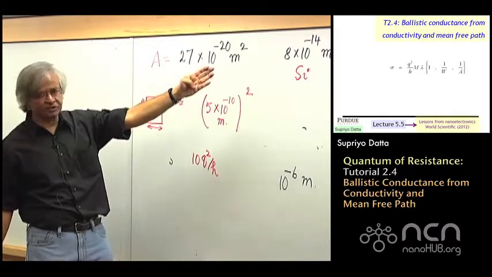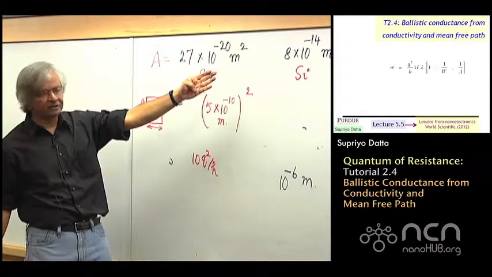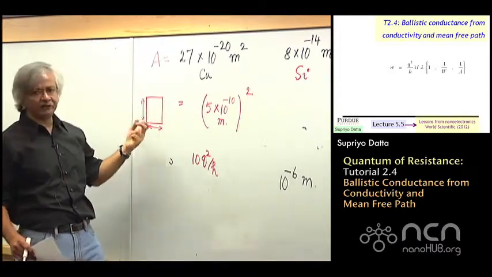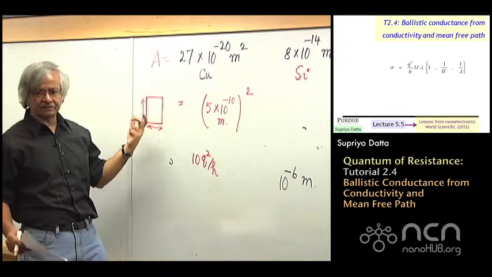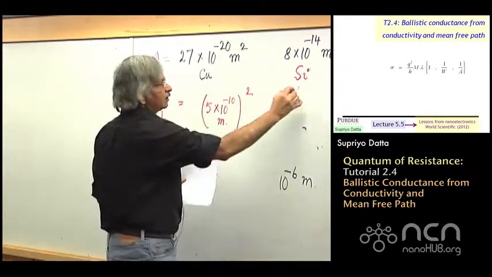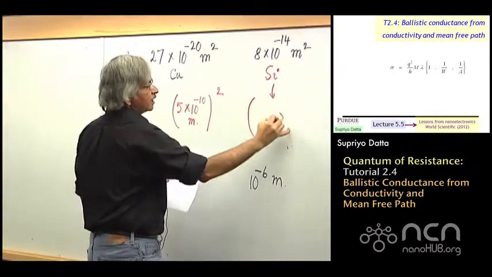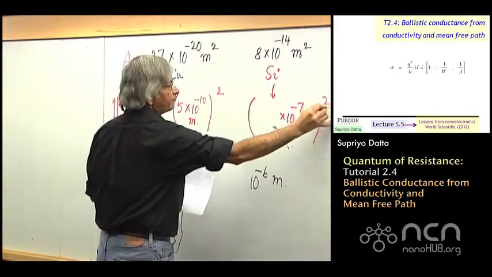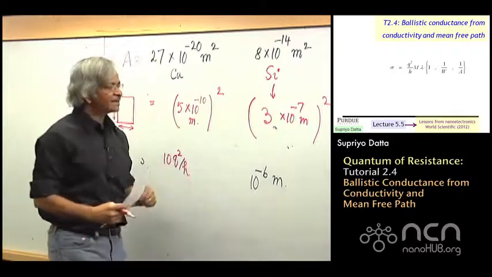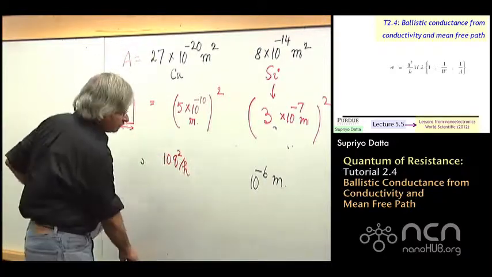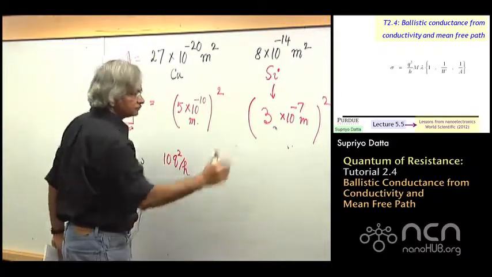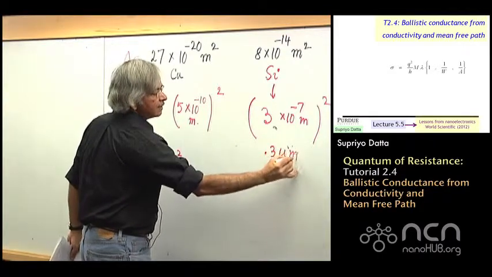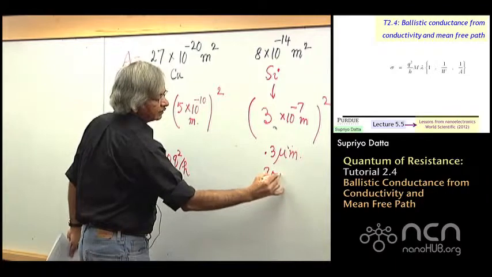On the other hand, when it comes to a semiconductor like silicon, the number of modes is more like 1 for every 10 or 100 atoms. And that you can see if you turn this into times 10 to the minus 7th meter square, and let's say 3. So that's like 0.3 micrometers, 0.3 microns, which is like 300 nanometers.